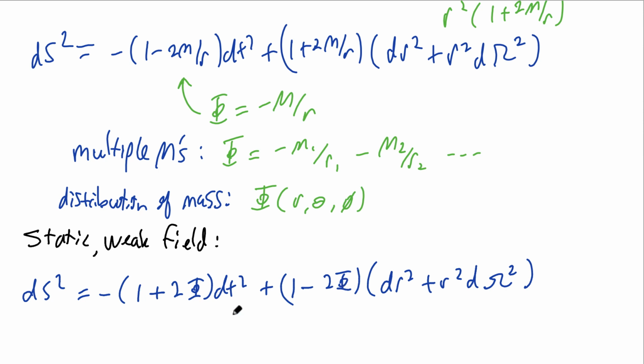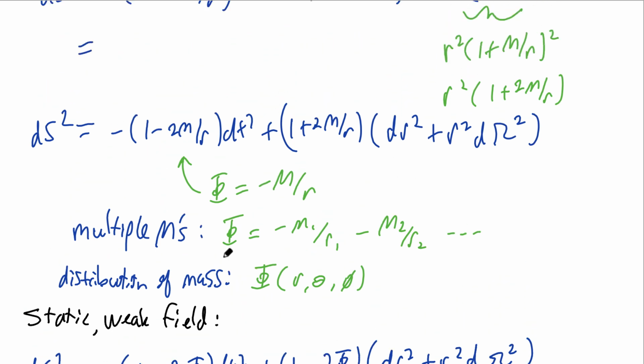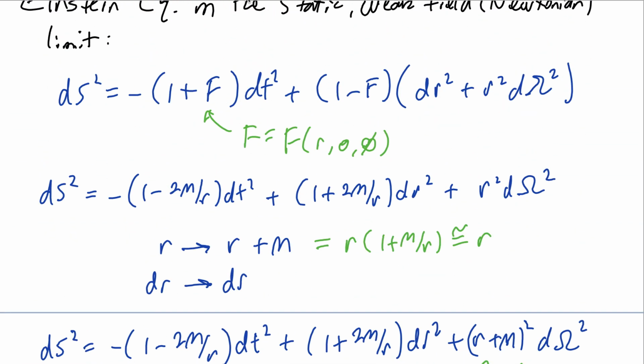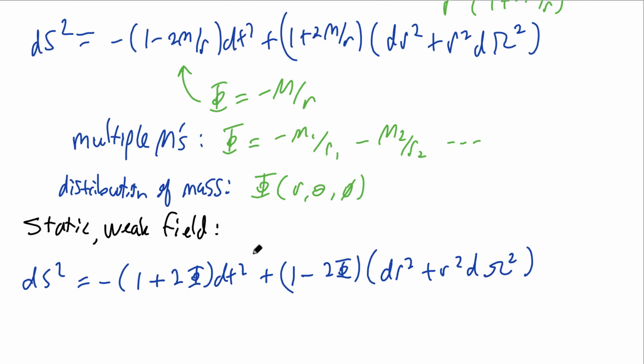So this is of the form of the static weak field metric. You can see that the function that I called f up here is actually minus 2 times the Newtonian potential. And just to be clear, phi in this expression is a function of the spatial coordinates r, theta, and phi.